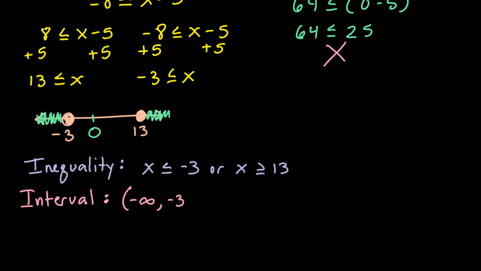I stop at -3. Am I touching -3? Yes. So what do I put? A bracket. Union with, where do I start shading again? 13. Am I touching 13? Yes, it's a closed dot, right? So I put a bracket. And when do I stop shading? At infinity.